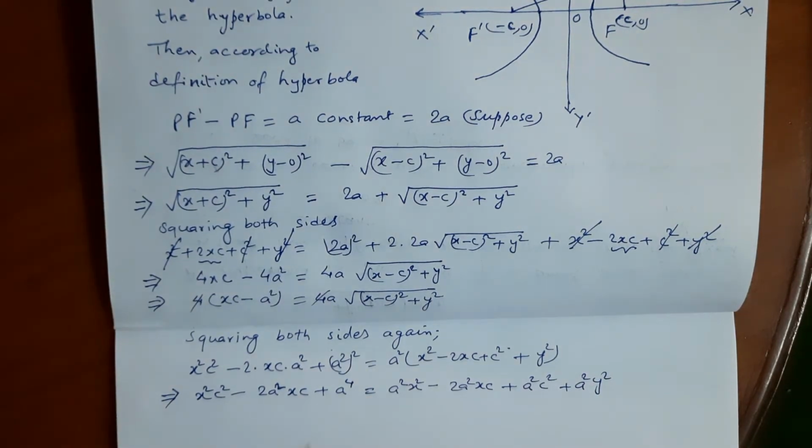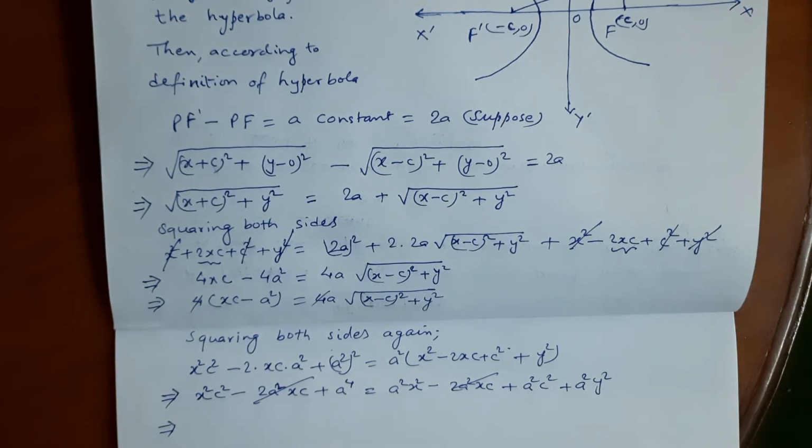Okay, now the terms which can be cancelled on both sides, we will cancel. 2a square xc, when it comes here, becomes plus 2a square xc, so it will be cancelled with this. Now we put like terms together, that is, terms containing x in one place and terms containing y in one place.